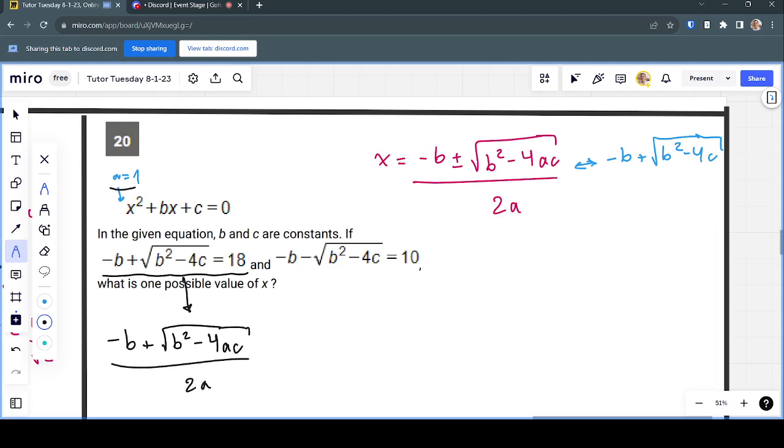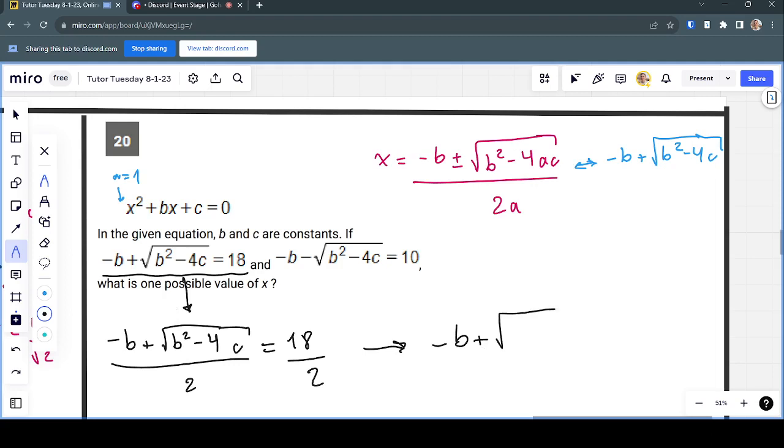But remember, a is equal to 1, so this is just going to simplify to 4c over 2. Since I divided this side by 2, I'm going to divide the other side by 2 as well, to keep the equations balanced. So in total, this means that if you have this part of the quadratic formula, you divide this side by 2 and this side by 2, one of the solutions is going to be equal to 9.